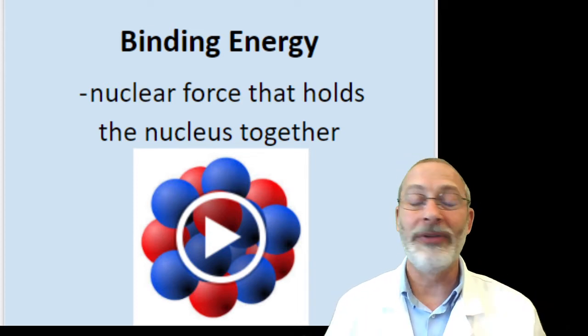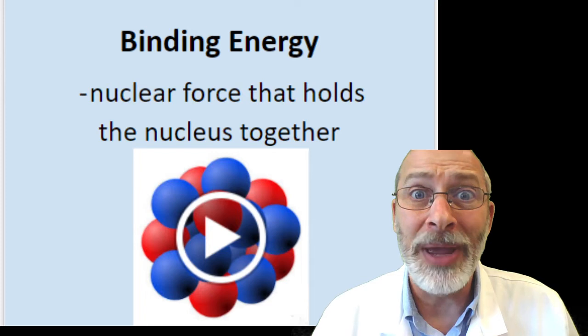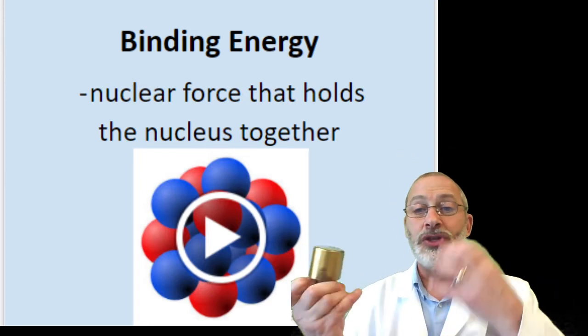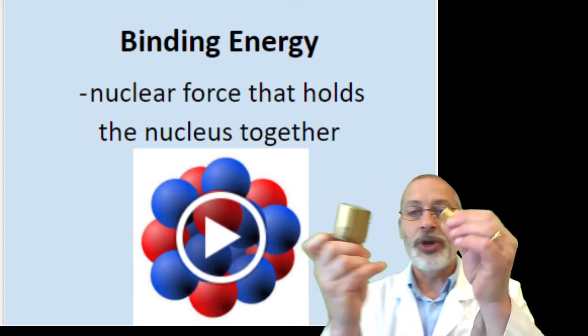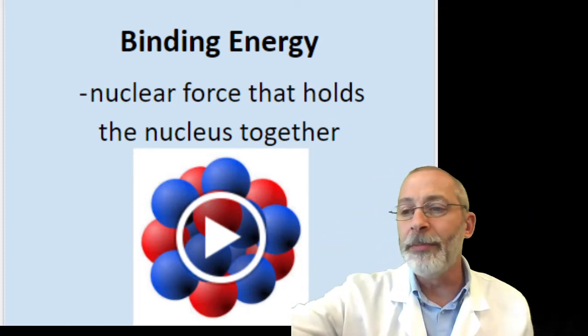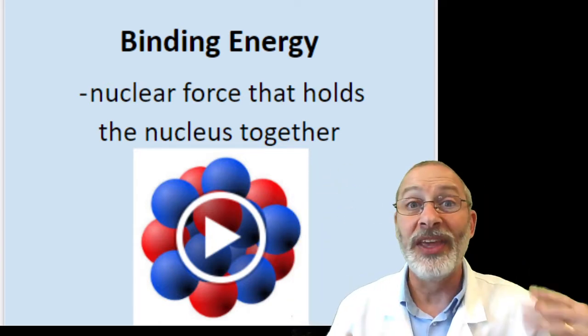It may be a poor analogy. It actually certainly was a painful analogy to my lap. But when there's an imbalance between the protons and the neutrons in the nucleus of an atom, the binding energy isn't enough to hold it together and things fall apart.